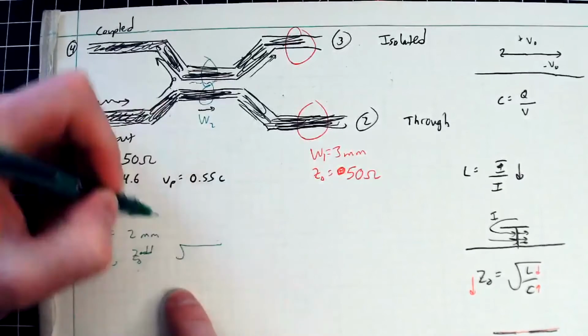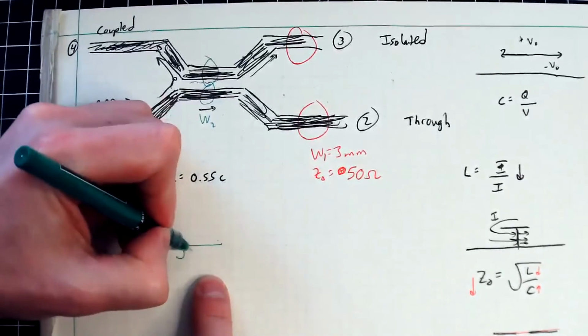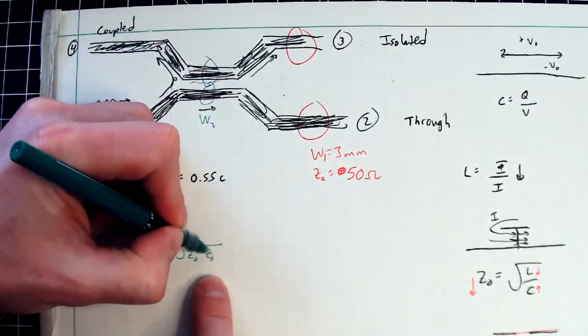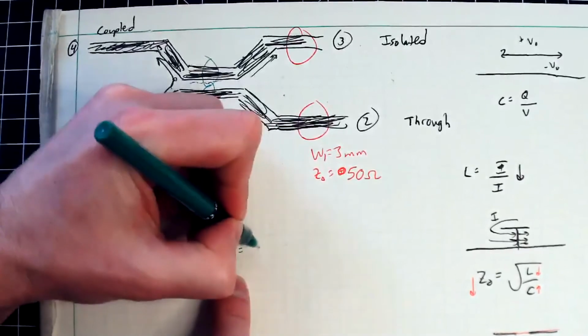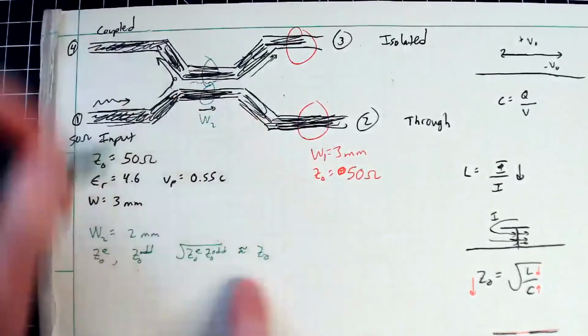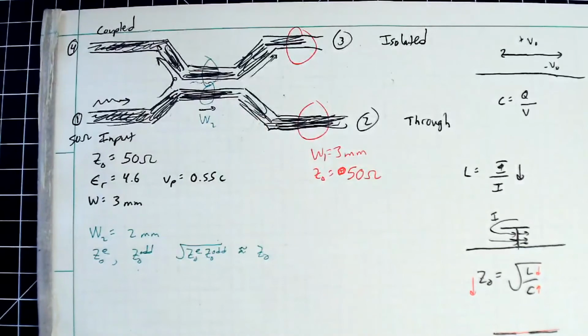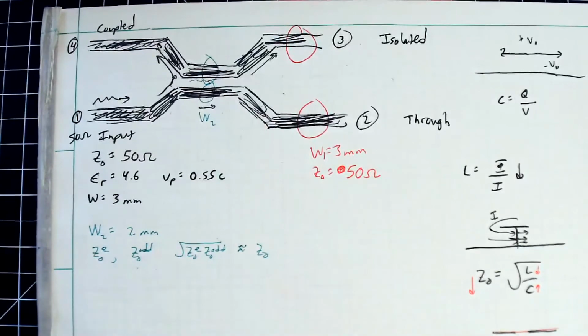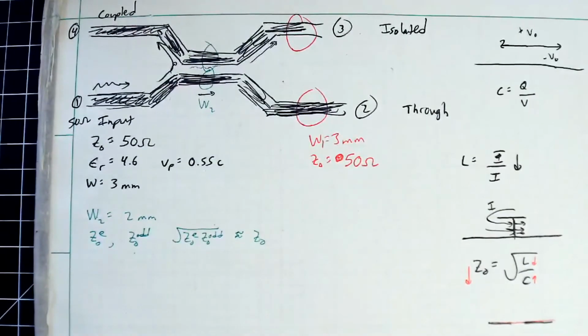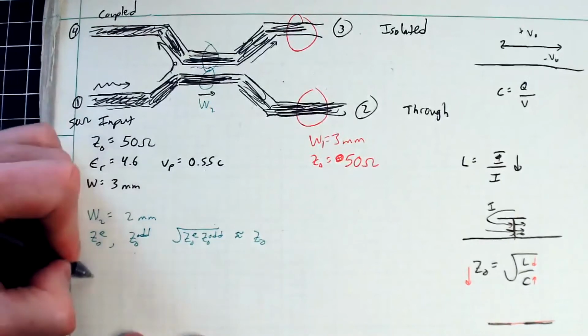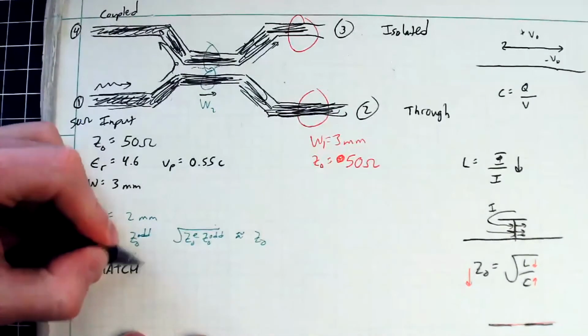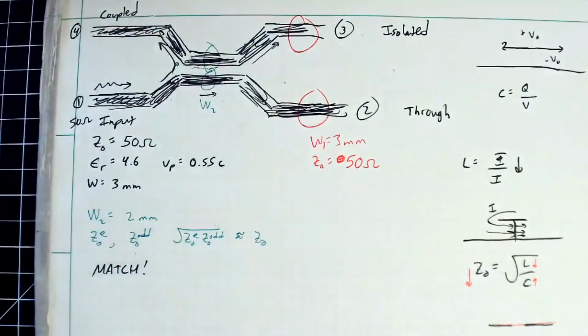And the square root of their product, so you say Z naught even times Z naught odd, was about close enough to Z naught. So you could fine tune it a little bit more if you really wanted to, but that is the goal. So that now guarantees a match looking into all of these ports.